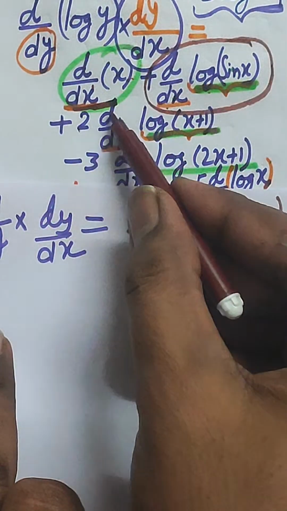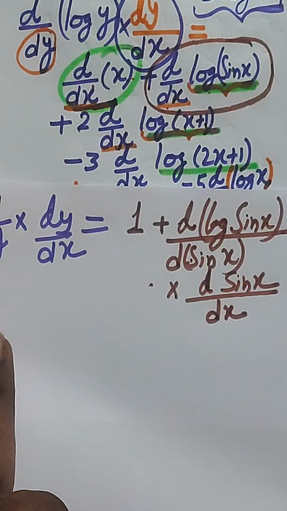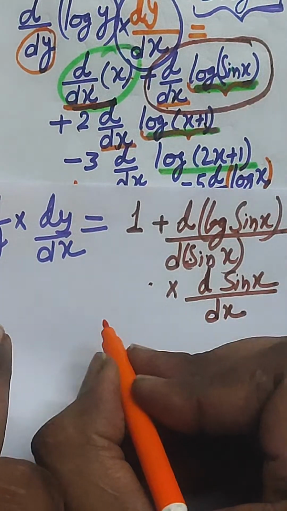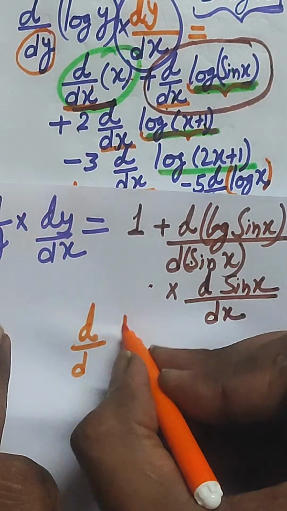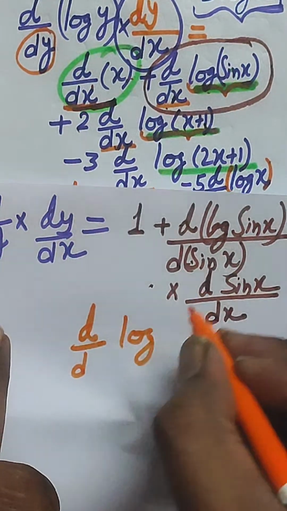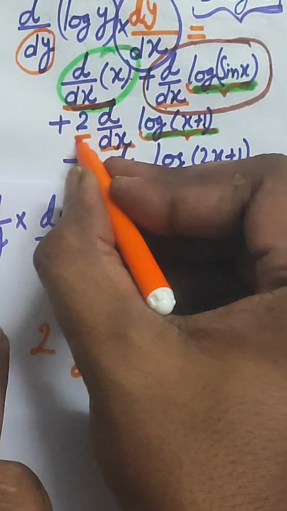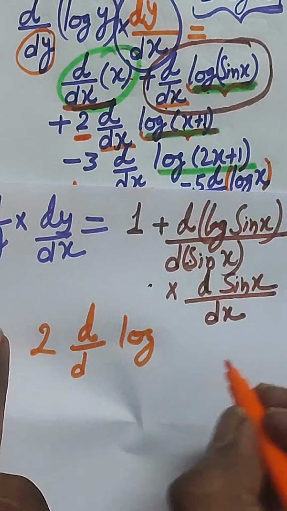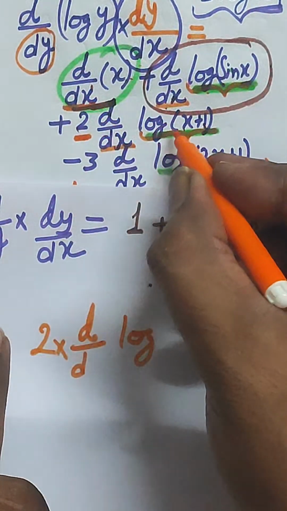For the third term, d by dx of log of x plus 1, in a similar fashion, differentiation of log of x plus 1. So 2 is already there, you can see this 2, right? d by dx of log of x plus 1.